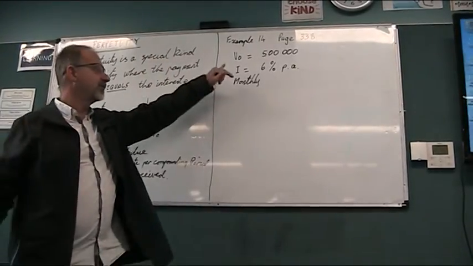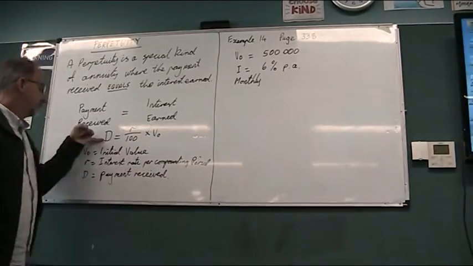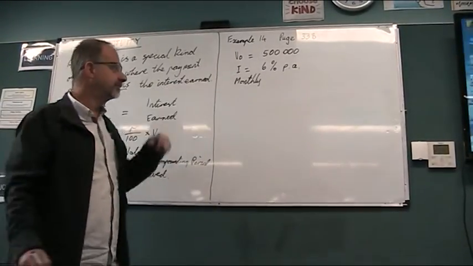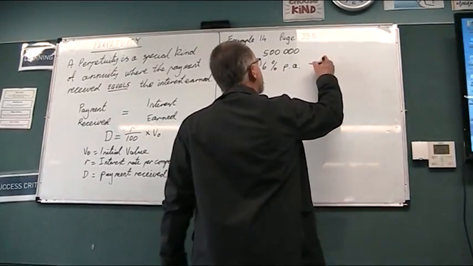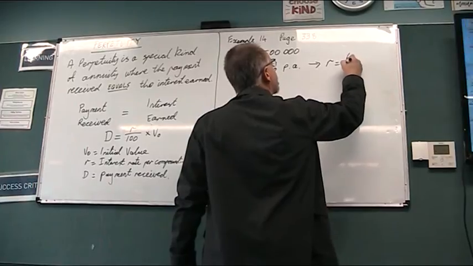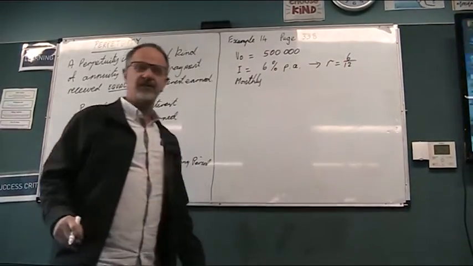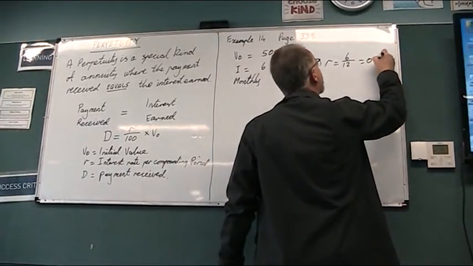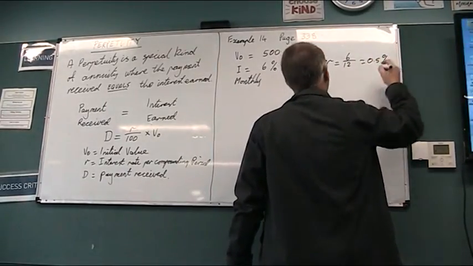So first of all, before we use our formula, we need to adjust our interest rate. It's 6% per annum, and she's receiving monthly, so 6 over 12, which is 0.5% per month.